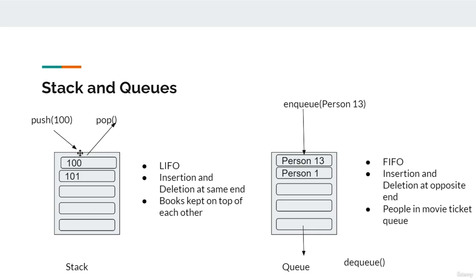Push will add an element at the top of the stack, and pop will remove the element from the top of the stack. Enqueue in queue will add the element at the last of the queue, and dequeue will remove an element from the front of the queue.